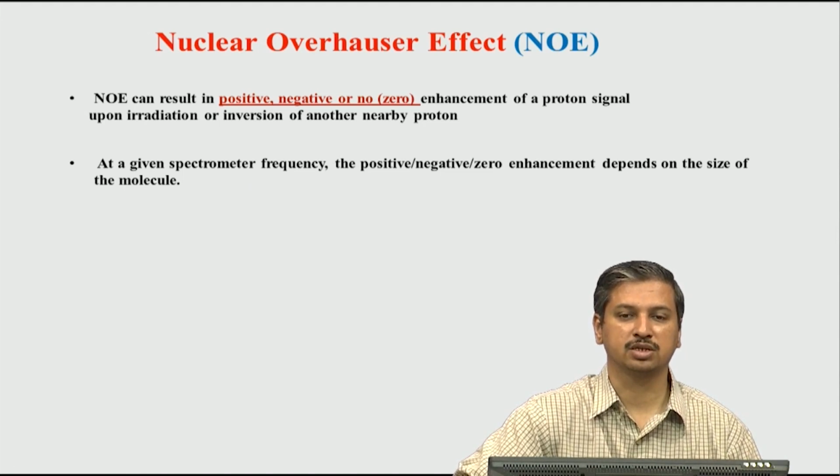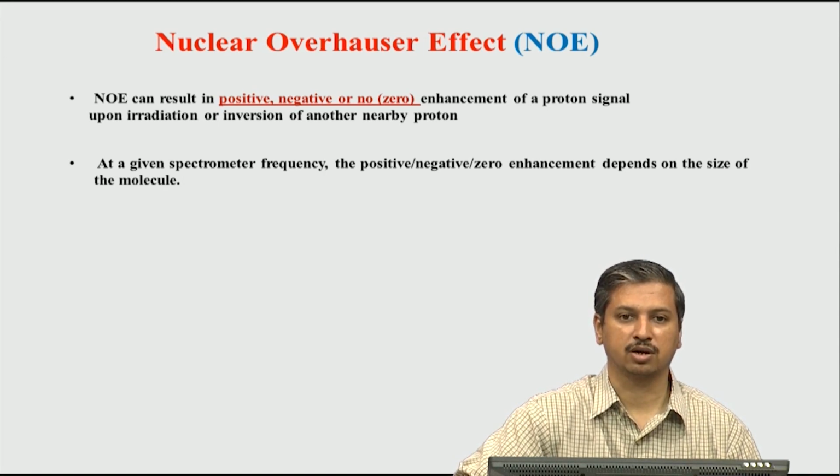When we talk about size, we are talking in terms of a parameter known as rotational correlation time. Rotational correlation time is an indicator of the time for the rotational tumbling of a molecule. Remember, all molecules in solution are not static; they are dynamic in nature.